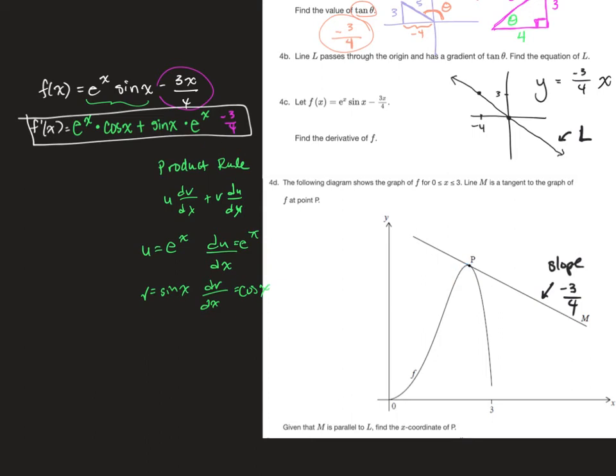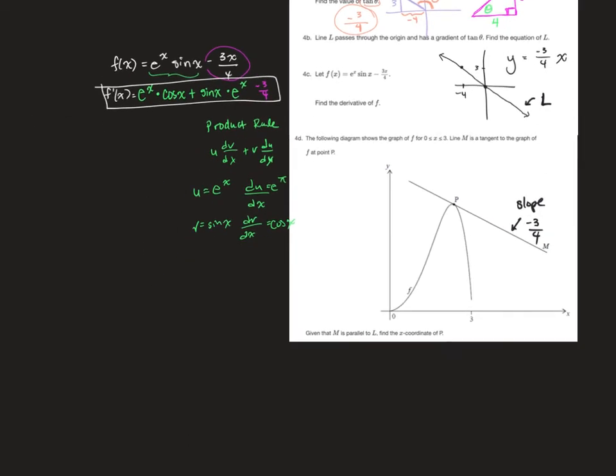Since this is the graph of f, and this is the derivative of f, I want to know when the derivative of f is equal to negative 3/4. That's going to be kind of nice.